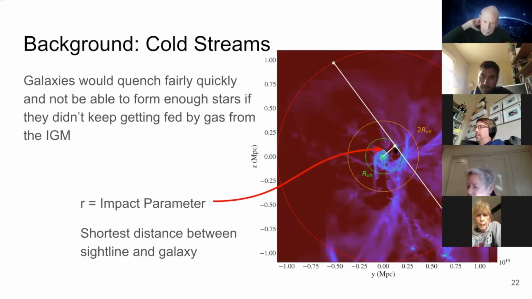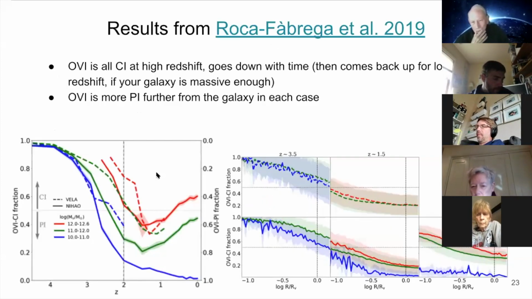So all I know is the impact parameter, which is the distance between the center of the galaxy and the closest point on the line. I don't necessarily know the actual physical distance from the gas to the center of the galaxy. So we're going to report a lot of things in terms of impact parameters in a little bit. I just wanted to define that.